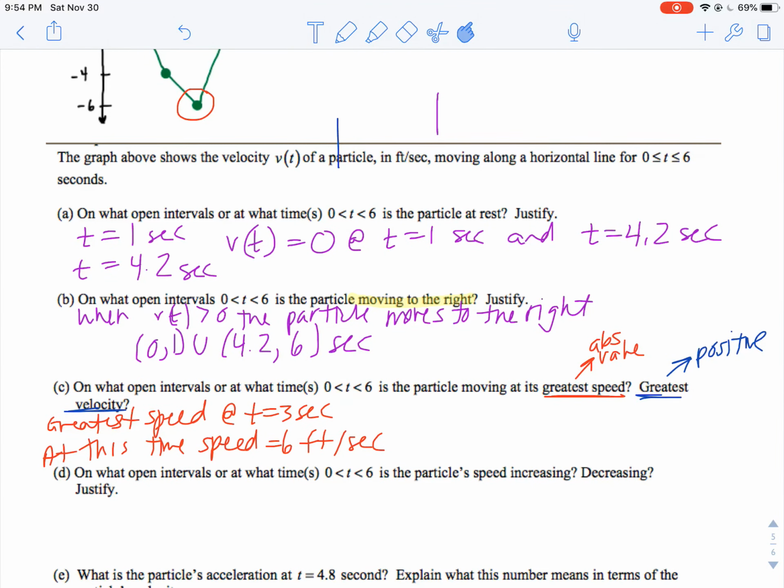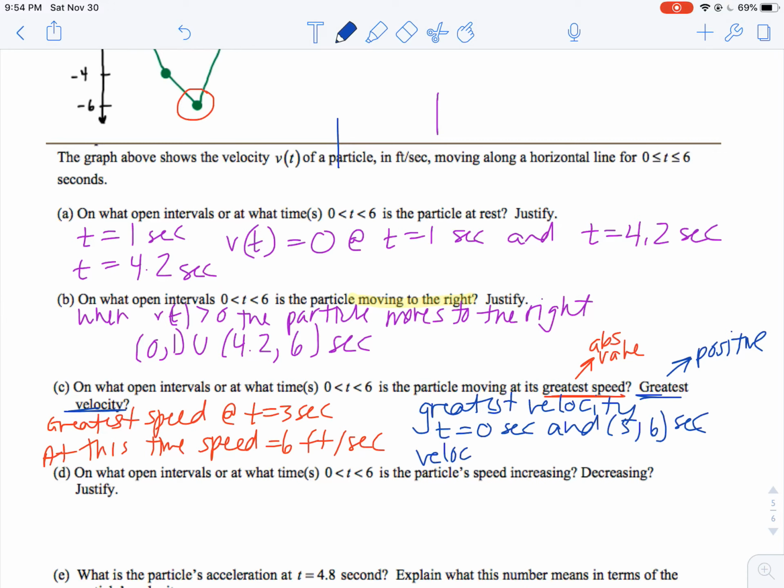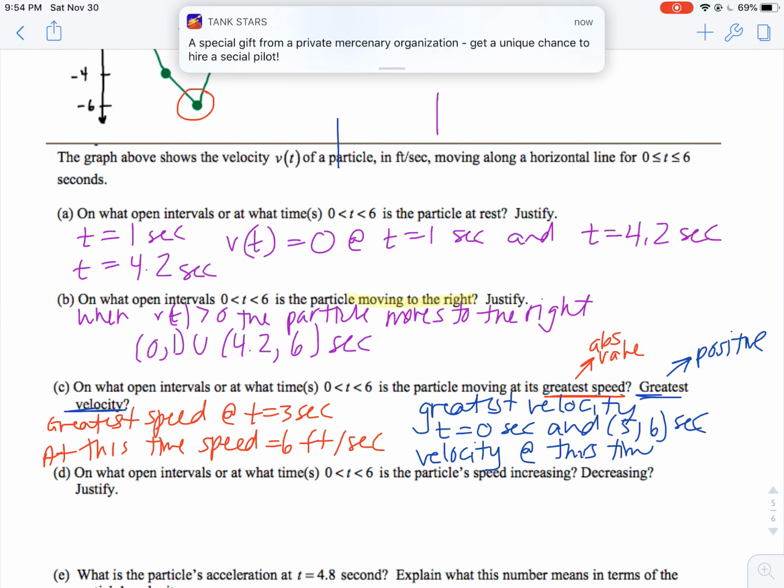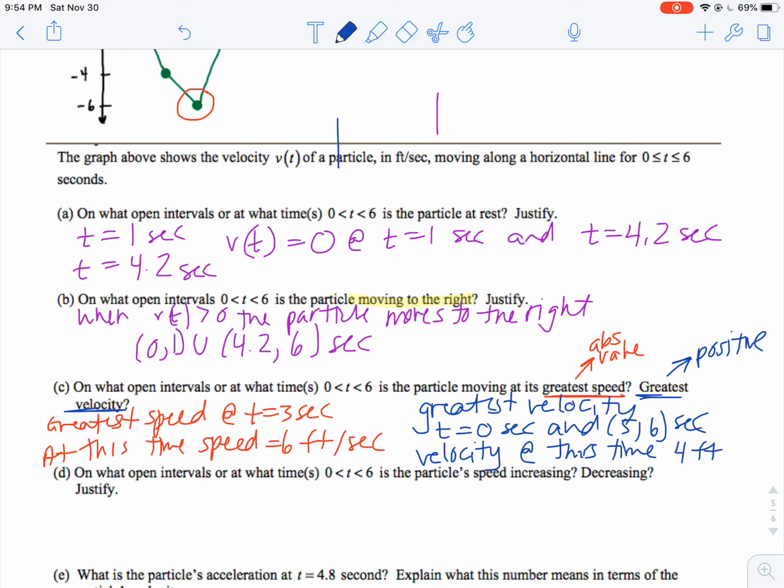So I'm going to say the greatest velocity at t equals 0 seconds and 5 to 6 seconds. And the velocity at this time is 4 feet per second.